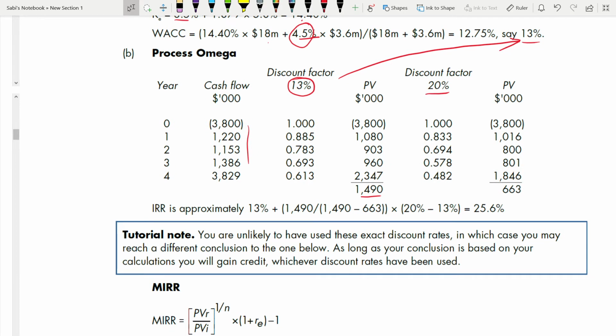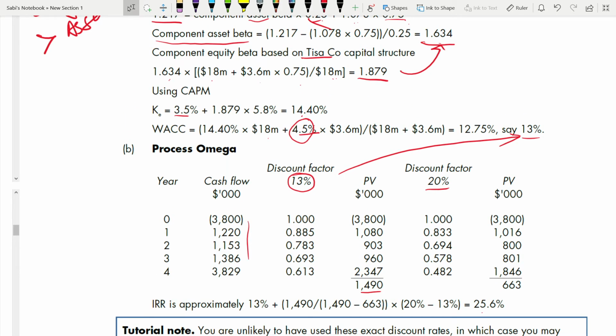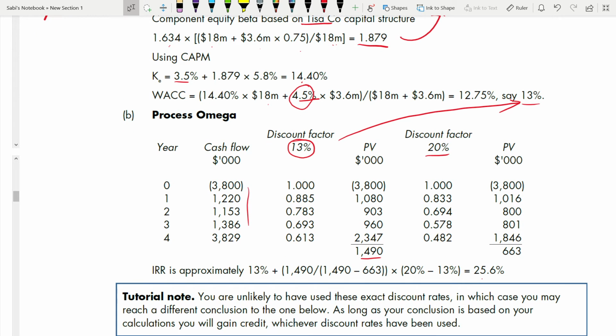But whatever you do, you will get an IRR of around 25.6% only. Somewhere near there. So the second discount rate which you use does not matter. But the first discount rate, the deciding one, should be the one which you have calculated, in this case 13%. Using the 20% discount rate, we saw that we are getting a positive net present value, not a negative.